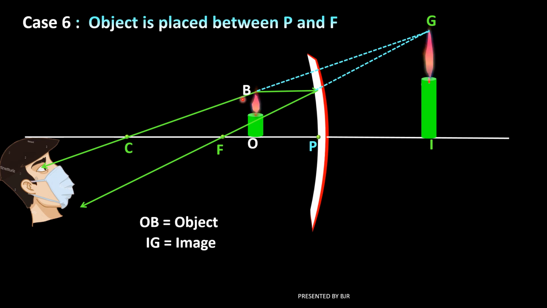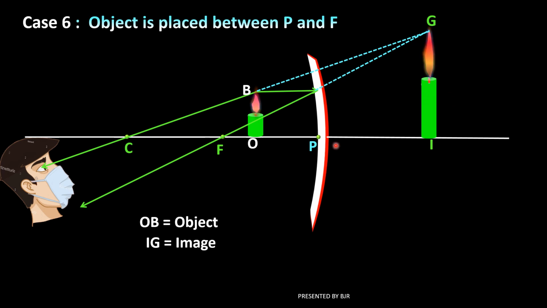And when the reflected rays enter his eyes, he assumes that these reflected rays are coming from this point. That's why the image is formed behind the mirror, and this image is visible only to this observer. We cannot see it and we cannot obtain this on the screen.